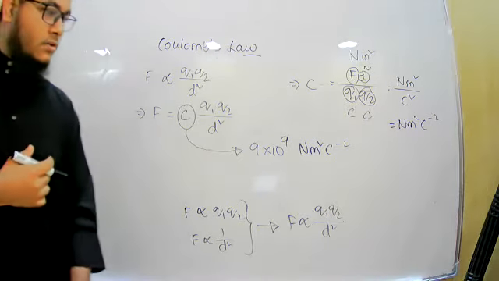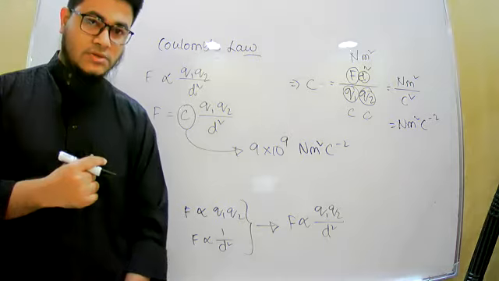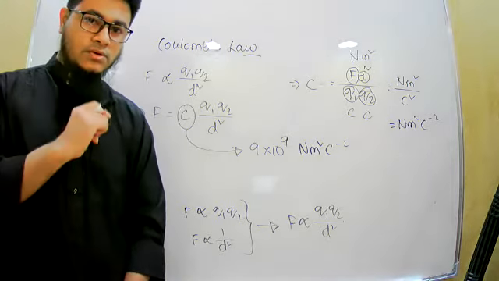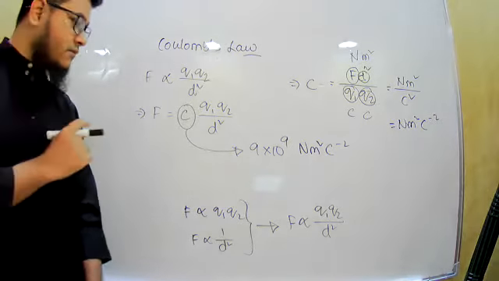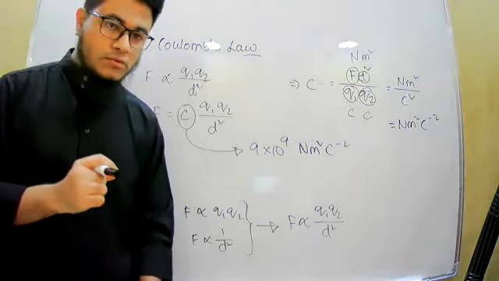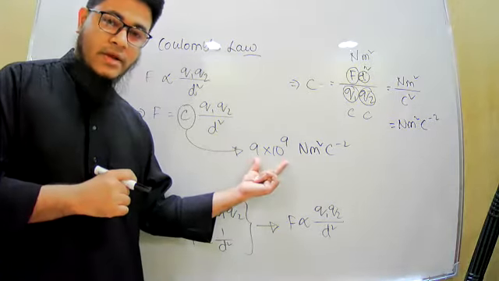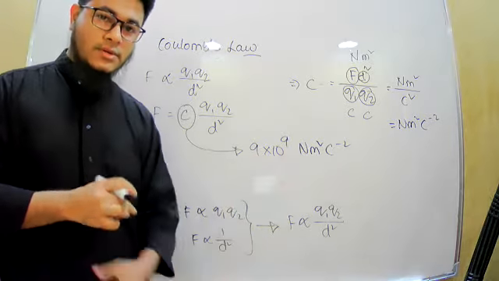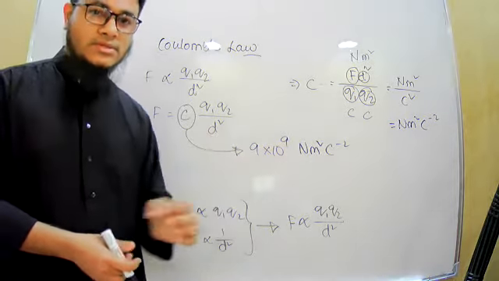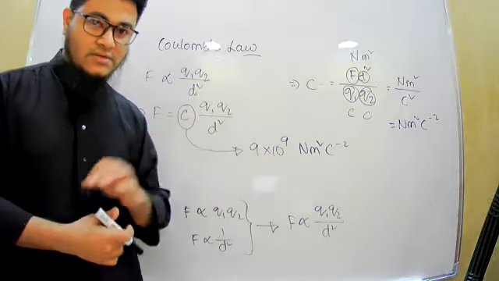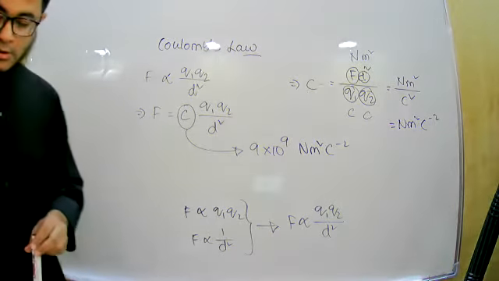So while you are finding the correct answer for an MCQ where they have asked for the correct value of C, you have to take a look at the magnitude and the unit as well. Sometimes 9 into 10 to the power 9 is written, but the unit is something different. So you need to check the unit also, and then decide the correct one.